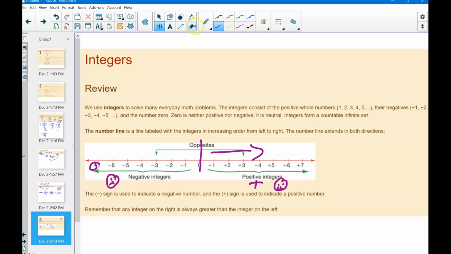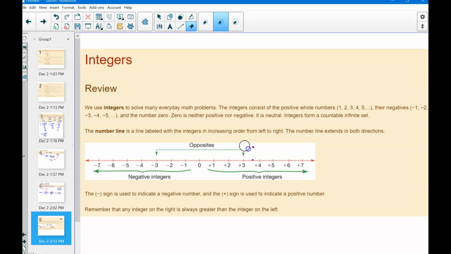One more little discussion about negative numbers. Unlike positive numbers, positive numbers are easy because it's always easy to say that 6 is greater or larger than 3. So 6 is a larger number. Negative numbers, not so much.